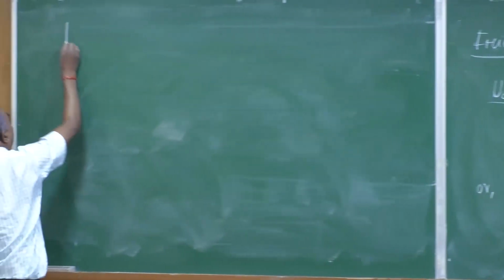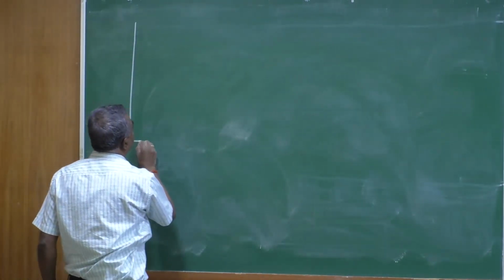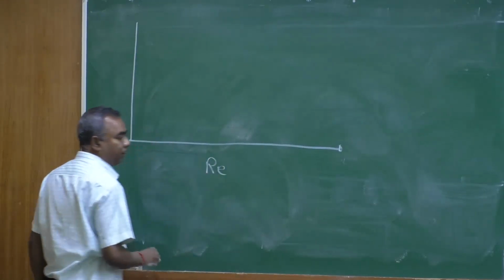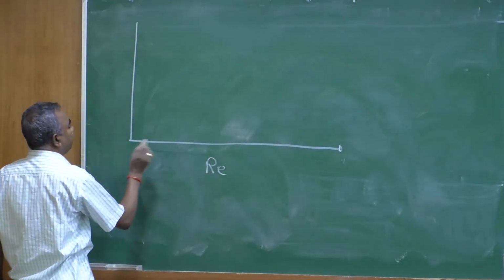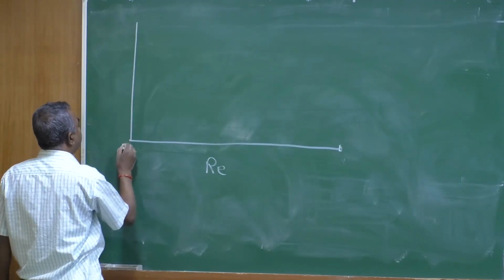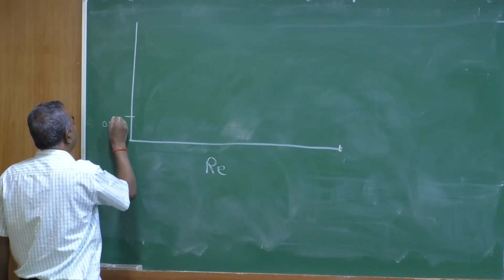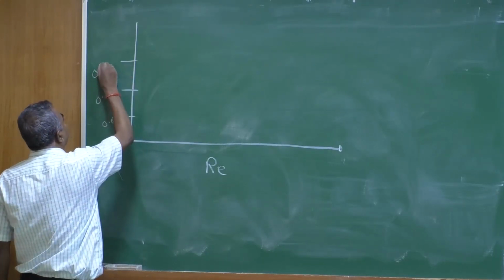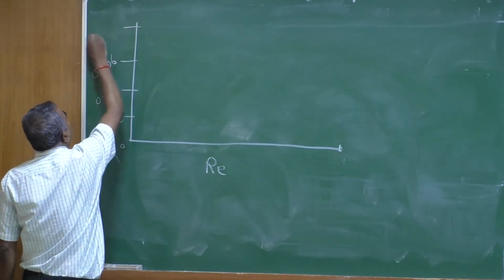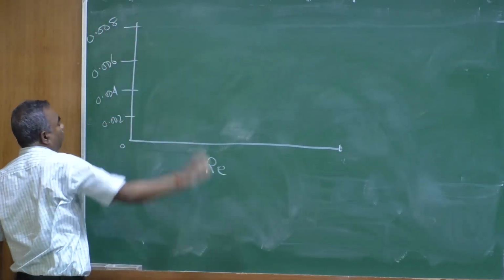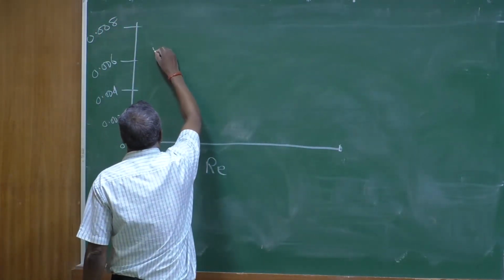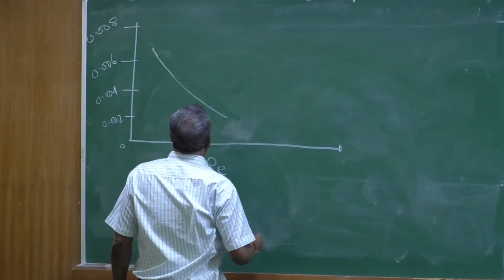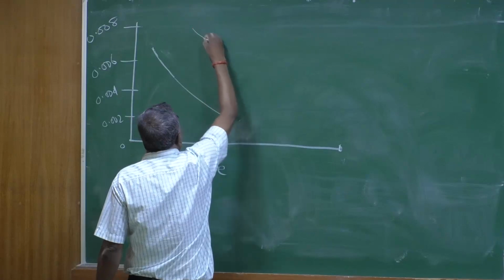If we plot CF versus Re, based on the bulk velocity, for example, with 0, 0.002, the CF value is found to be very, very small, keep it in mind, 0.006, 0.008 and so on. For laminar flow, the friction law is something like that, which is straightforward for us, and for turbulent flow it comes like this.